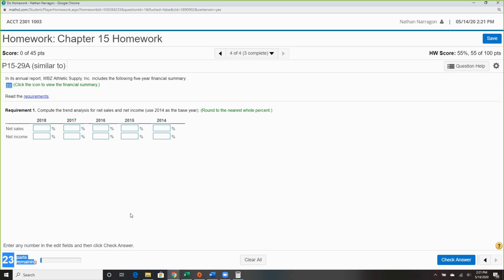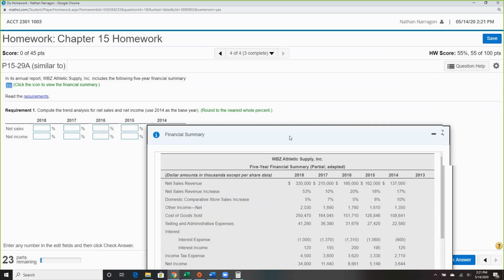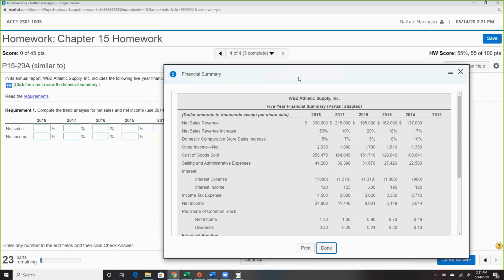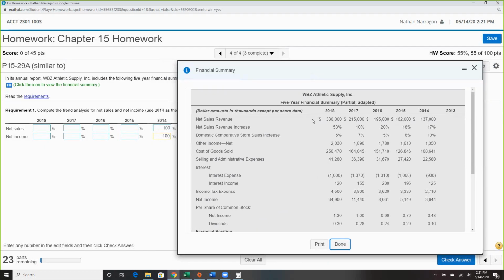Let's do this. Alright, so first part is trend analysis with net sales and net income. We're going to use 2014 as a base year. So that's base. We already know it's 100%. And round to nearest whole percentage. So, calculator, our big old statement here.